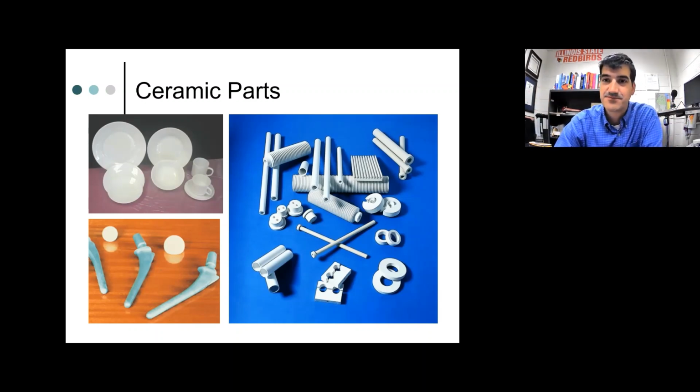Anyway, I digress. Over here, these parts take advantage of the fact that ceramics have very low conductivity, and these are actually components that hold transmission lines together. When you're suspending a transmission line from a support pole, you don't want the electricity to go through that pole into ground, right?